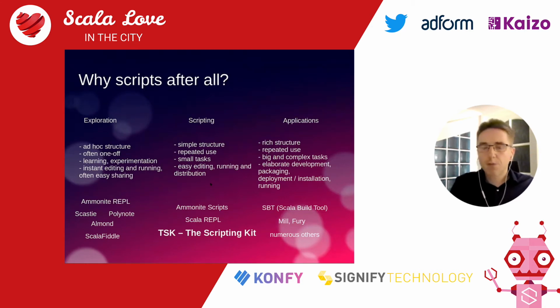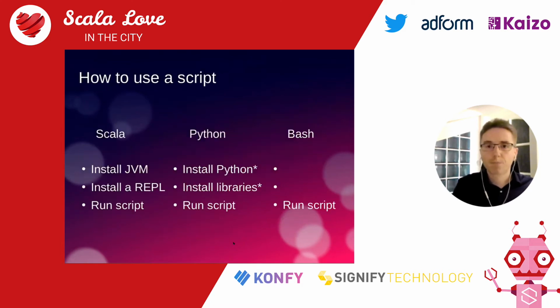If you've got a script, you expect it to be easy in editing, running, and distributing. So what Scala has at the moment are mainly two things. The Scala REPL shipped with the Scala distribution, and also Ammonite scripts. So DSK, the scripting kit, is a newcomer to this area. And let me tell you why.